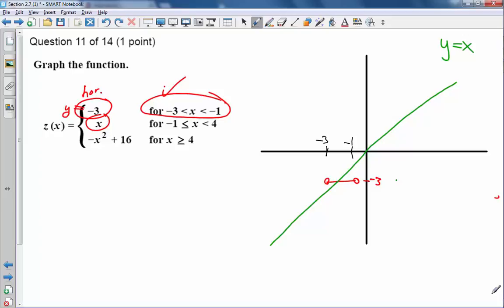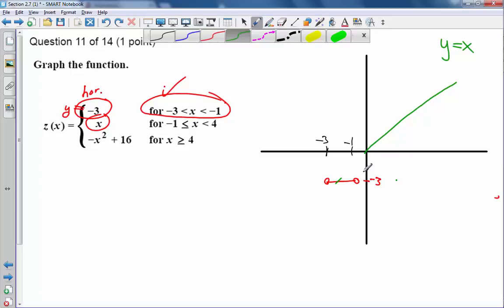Now I'm a little off. It needs to go through -3 and -3, right? So be careful. Don't do sloppy work like I did. It needs to go through this one.